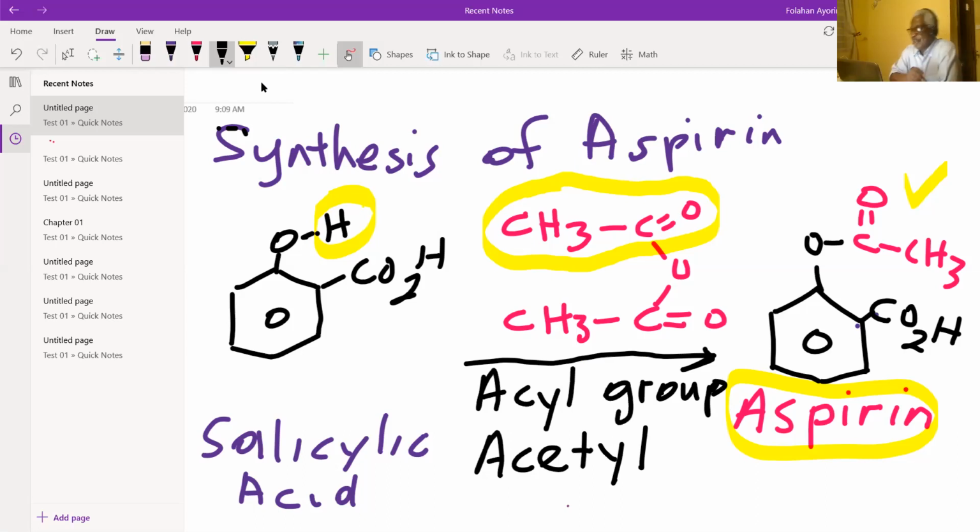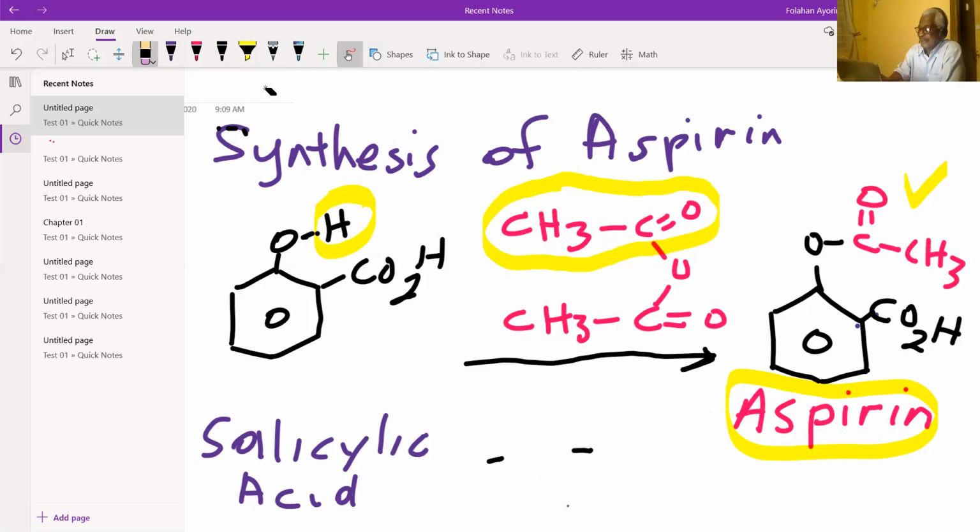And because we call this acetyl group, this process is therefore referred to as acetylation. In other words, this particular reaction here, we will say this is an acetylation reaction.